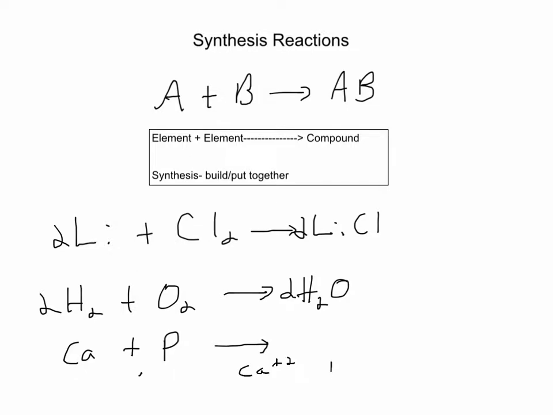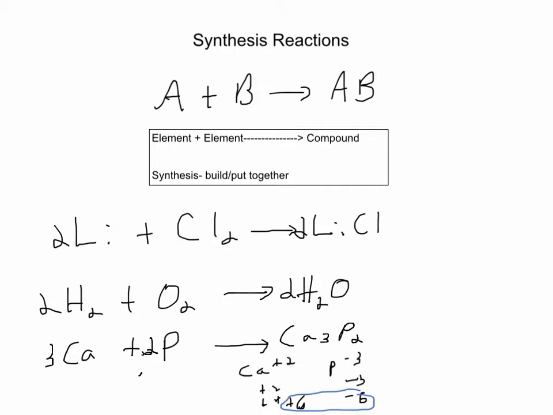Phosphorus has a -3 charge. We can write out their multiples. See that their least common multiple is 6, meaning that the product is going to be Ca3P2, and we can balance that with 3 calciums and 2 phosphorus atoms.